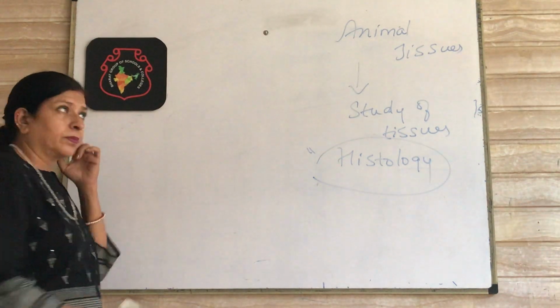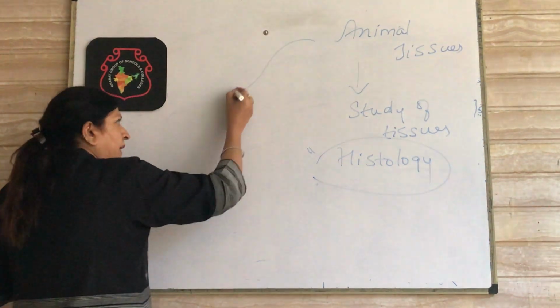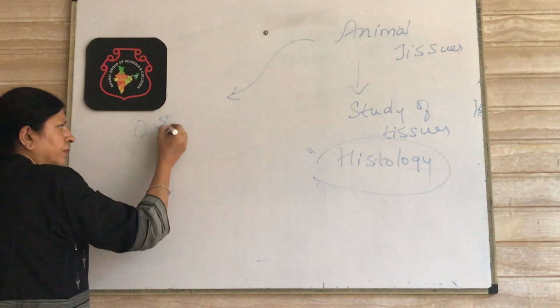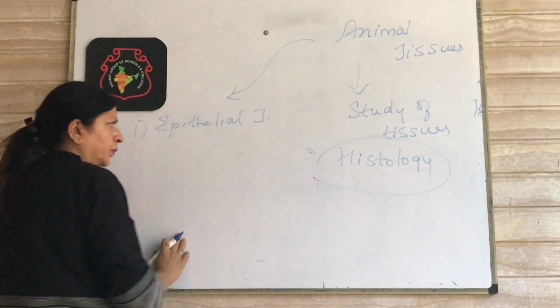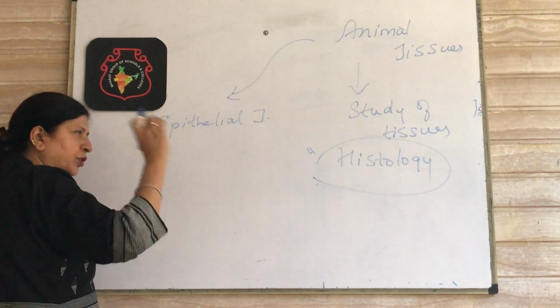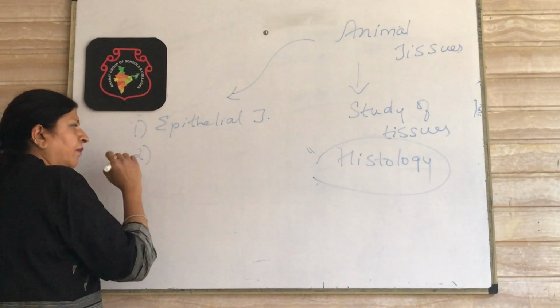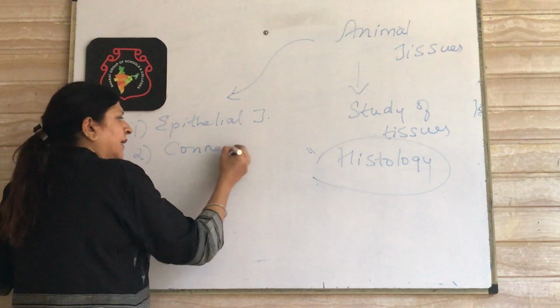In this chapter, we'll cover up number 1. We'll talk about epithelial tissue. This is T standing for tissue. We'll talk about connective tissue.